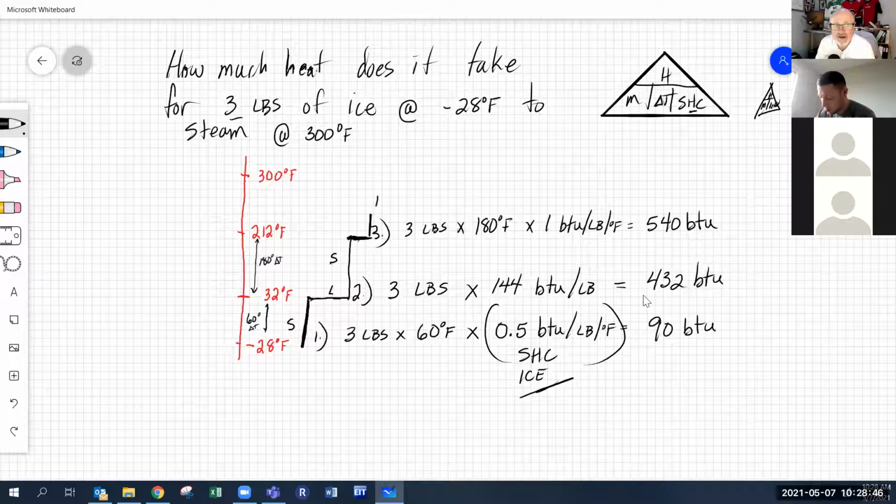So now I got to change the state of that water to steam. And so I'm going to add latent heat to this water to change to steam. And the latent heat formula would say, take your mass and multiply it by the latent heat of vaporization, which is 970 BTUs per pound.